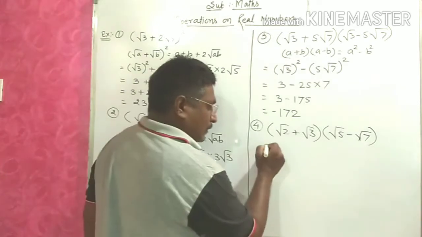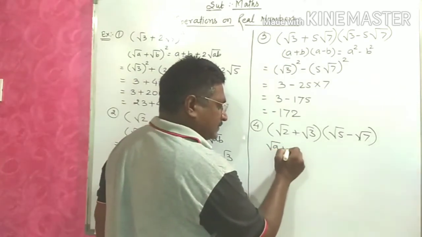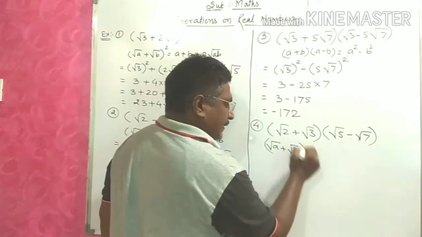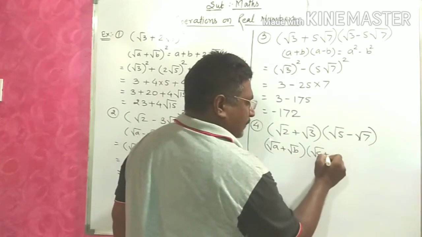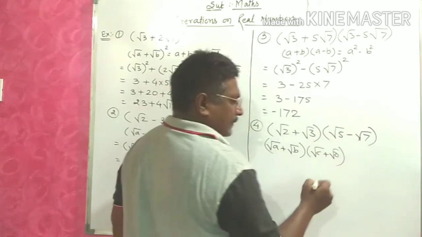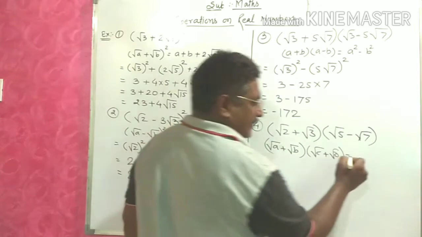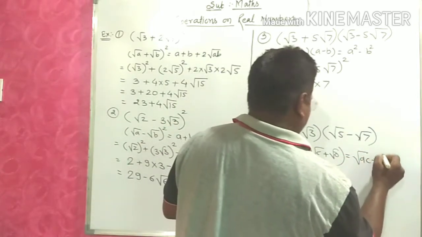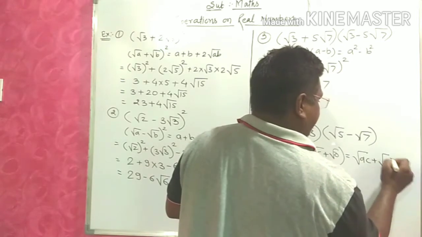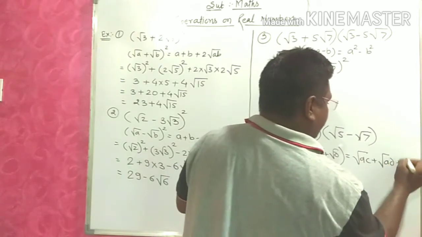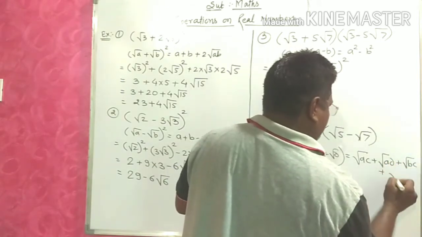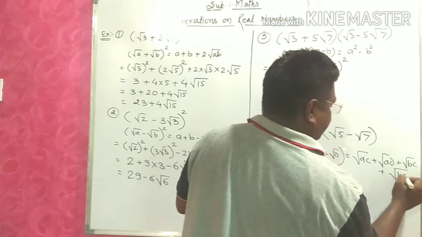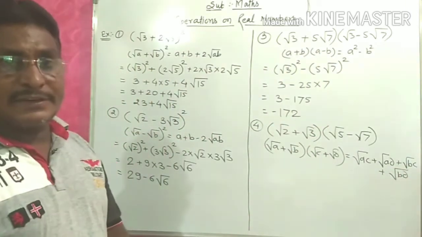So (root a plus root b) into (root c plus root d) gives root ac plus root ad plus root bc plus root bd. This identity we studied.